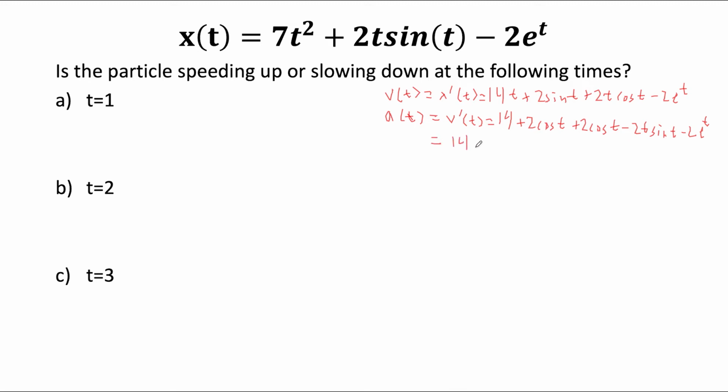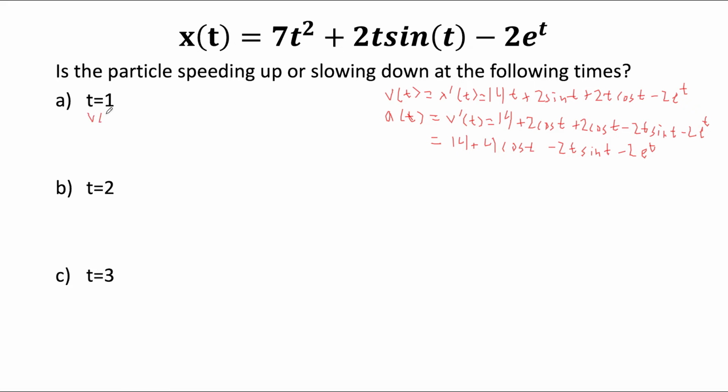So we get acceleration is equal to 14 plus 4 cosine t minus 2t sine t minus 2e to the t.